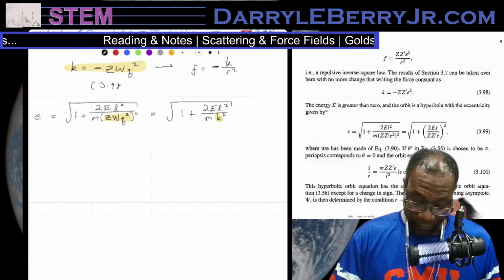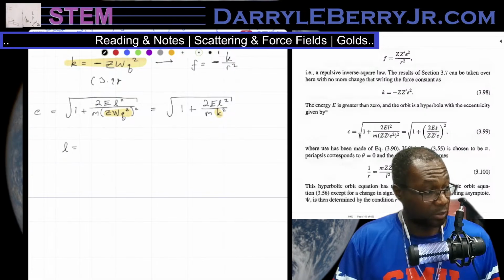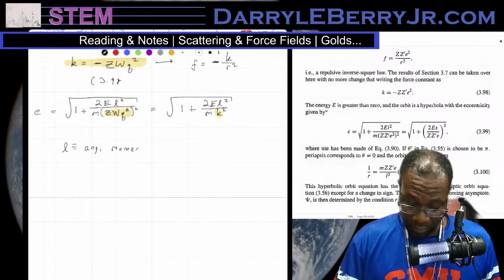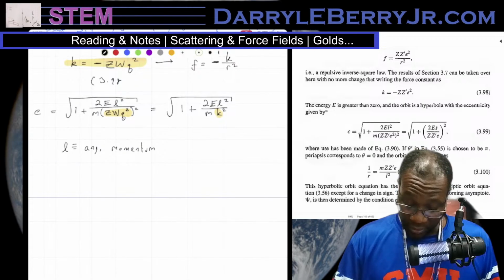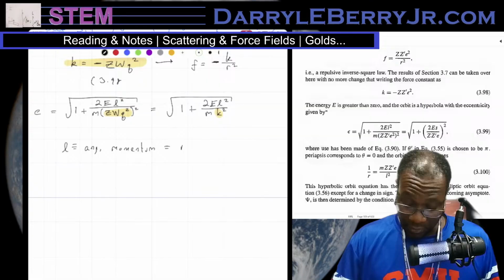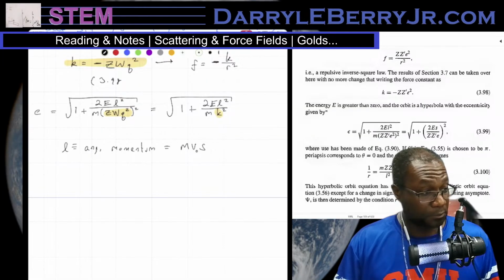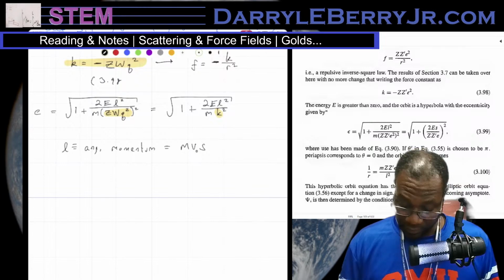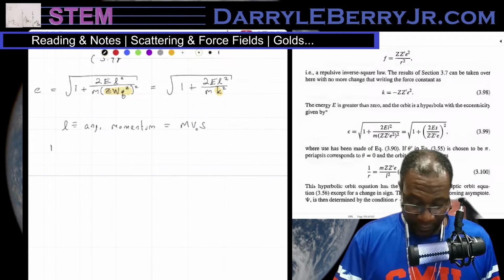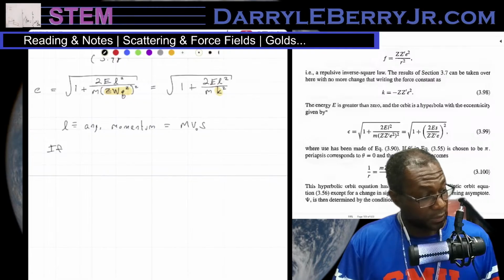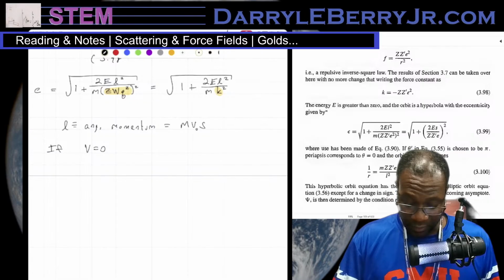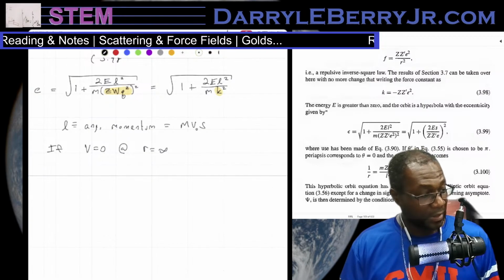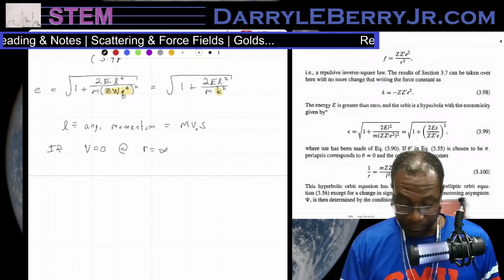we have that L equals angular momentum equals m v naught s, and if potential equals 0 at r equals infinity, so we have two repulsing things, the closer they come together, the stronger the potential.